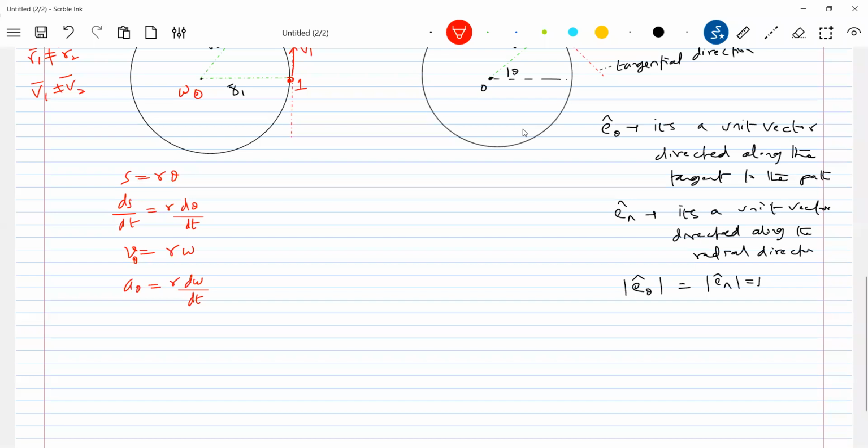This is called the angular acceleration. And a theta is called the linear acceleration.